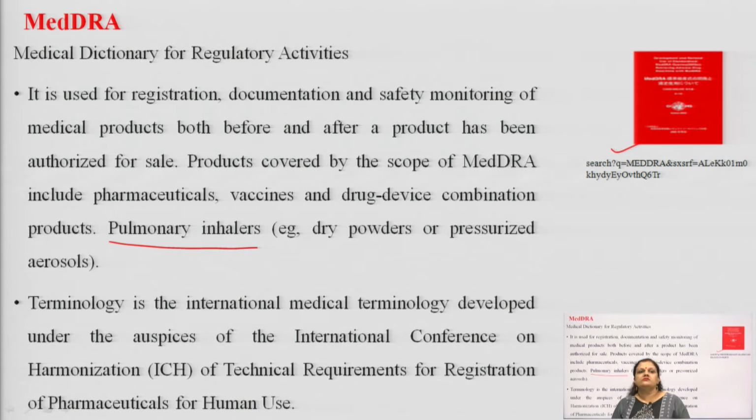So we are going to deal with a product which has the device along with the API or medicament in one piece. Pulmonary inhalers, for example, contain the active ingredient in dry powder form along with the device, which is the pressurized aerosol.